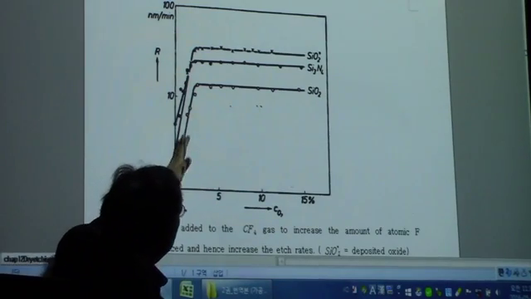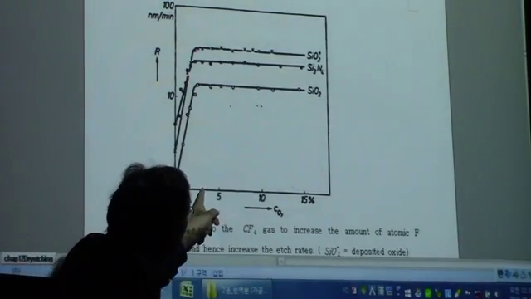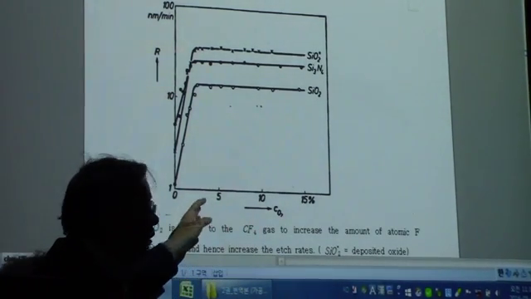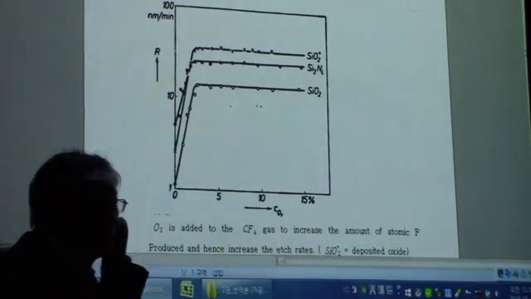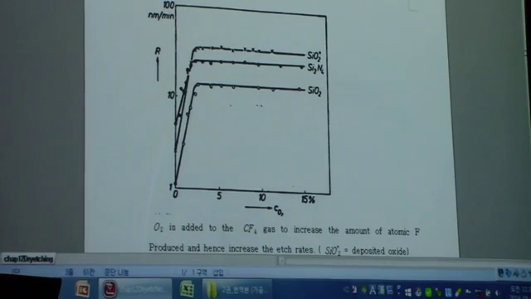It increases exponentially up to about 3 to 4% of oxygen addition, but after that, the etch rate is going to be saturated.